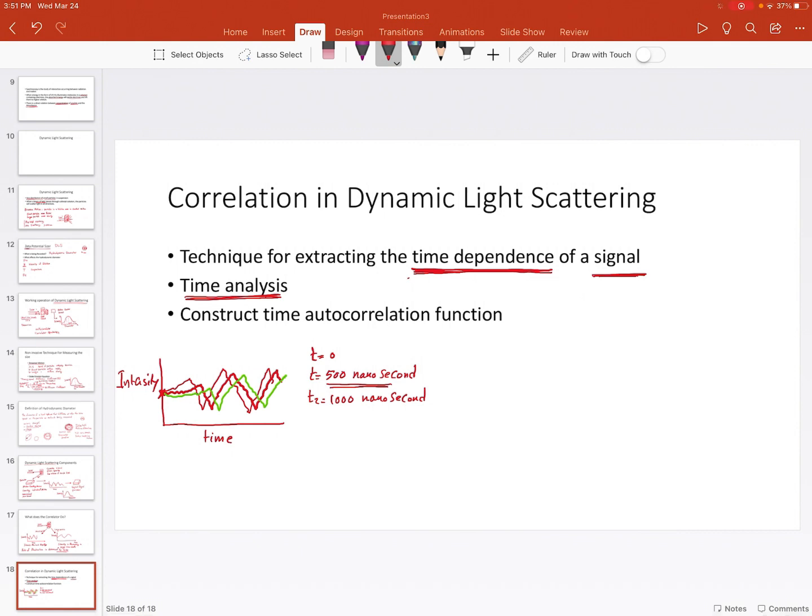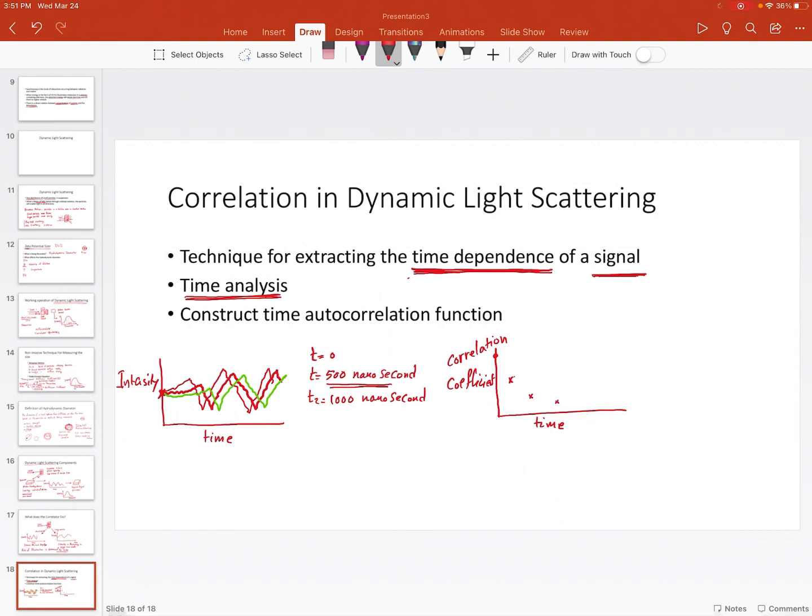So the correlator, the processor, is actually comparing these graphs which the detector is receiving in different time scale, and it will correlate them to another graph which is called correlation coefficient versus time. For example, in time 0, these two graphs are completely identical. In time 500 nanosecond, they're going to be different.